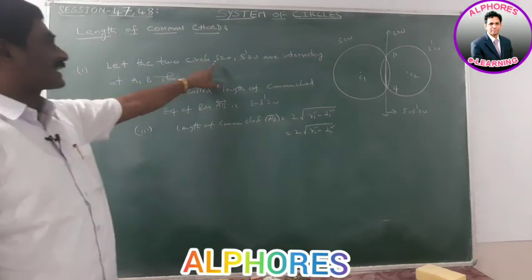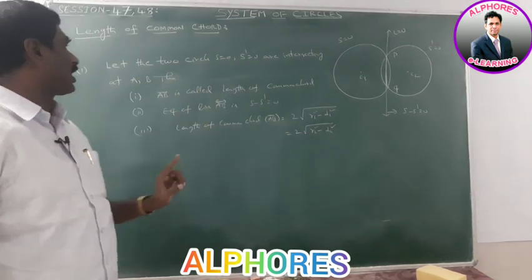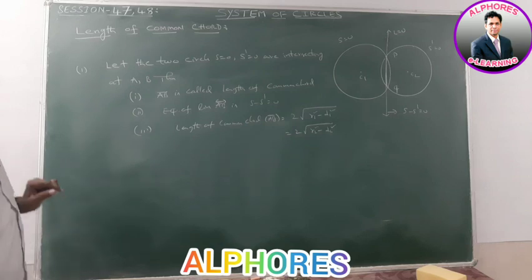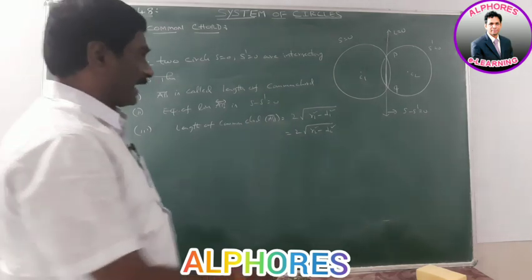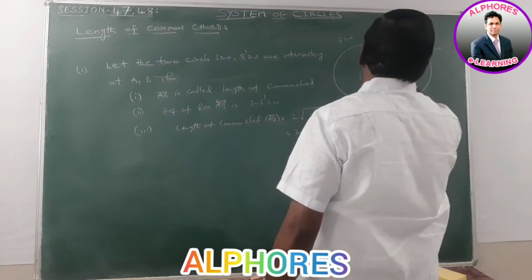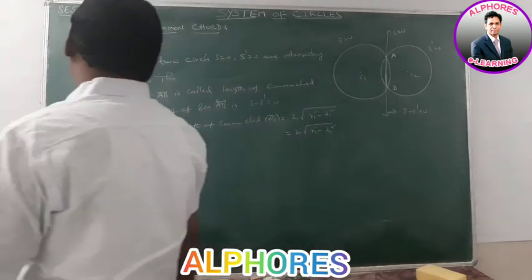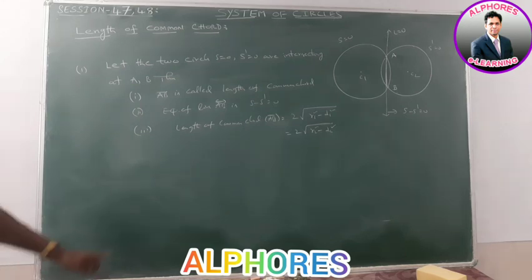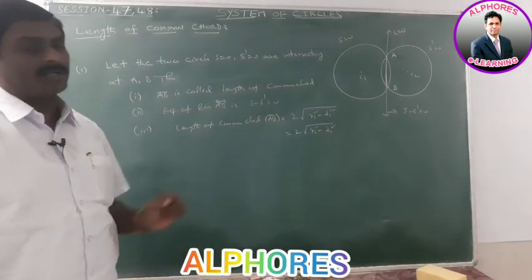Please note these points. Length of the common chord. Let the two circles S = 0, S' = 0 intersect at A, B. Then AB is called the length of the chord.